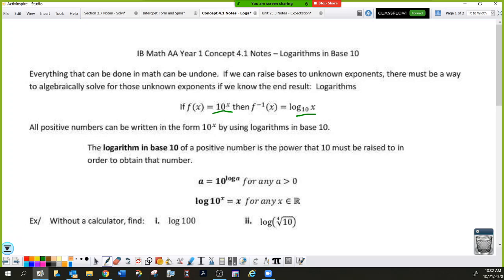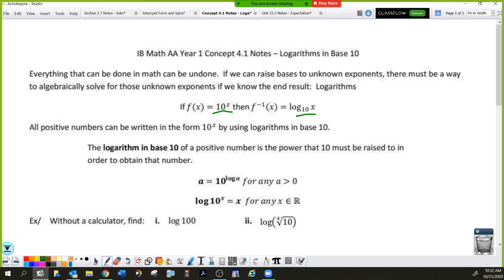Okay, all positive numbers can be written in the form of 10 raised to some power as long as you're using logarithms in base 10. The logarithm in base 10 of a positive number is the power that 10 must be raised to in order to obtain that number. What a weird thing to say, but here we go.